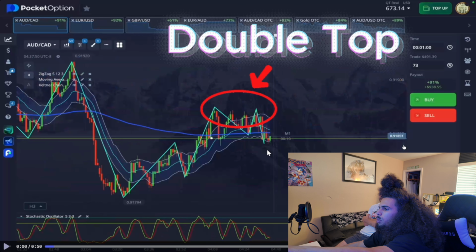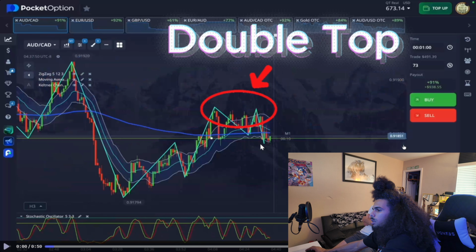So we got the double top up here that previously used this line as support to come up here, resisted up here, came down. The last time it came down to this line, this one right here, it pushed back up, but it broke that structure on this one, right?